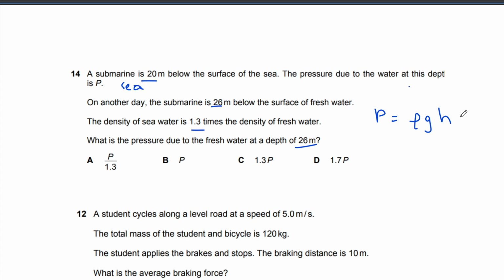The depth will increase, so by the ratio of 26 by 20, and density will decrease because it's in fresh water, so that will be 1 by 1.3. So if you do the math, the 1.3 factors will cancel each other out, and the answer will be B.